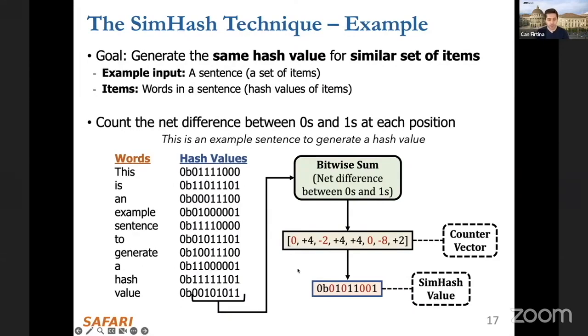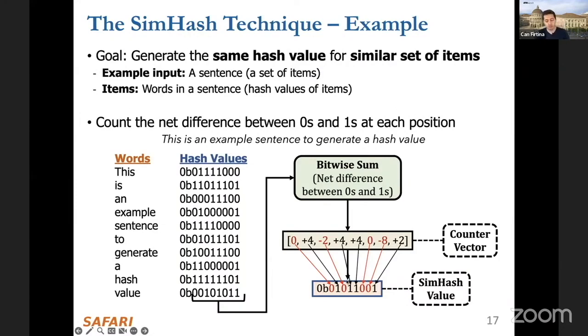So the advantage of the SimHash value is that for each position in the bit of these hash values, we look at the counter vector result, and if it is positive, meaning there are more ones than zeros, we assign the corresponding bit to 1, and if it is 0 or negative, then we assign the corresponding bit as 0.